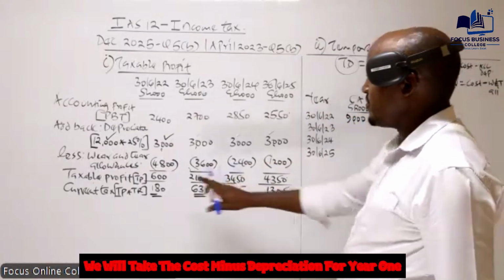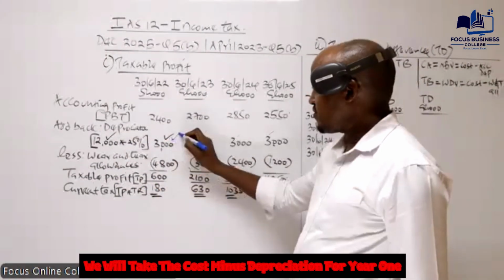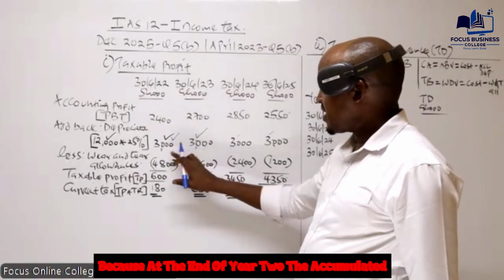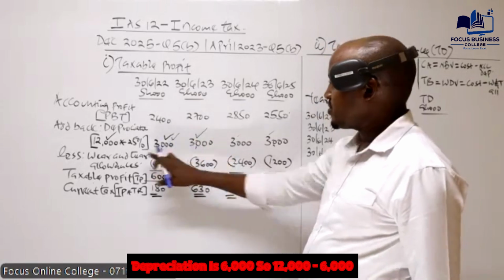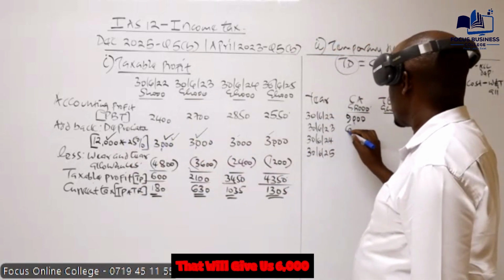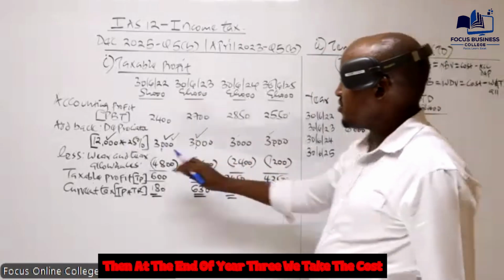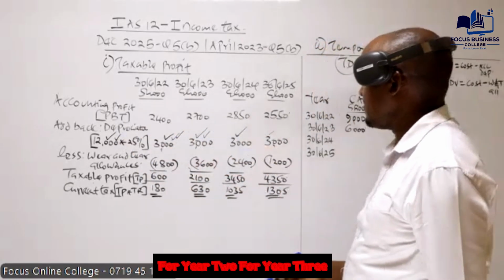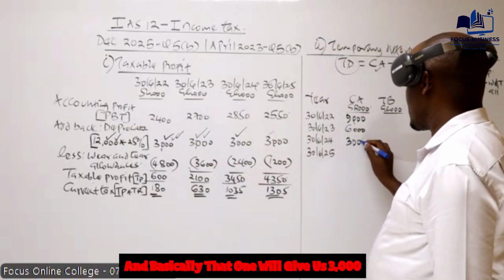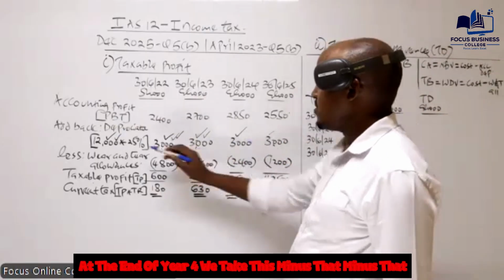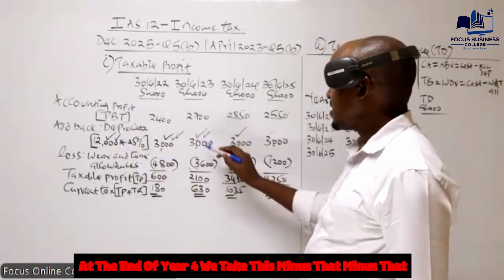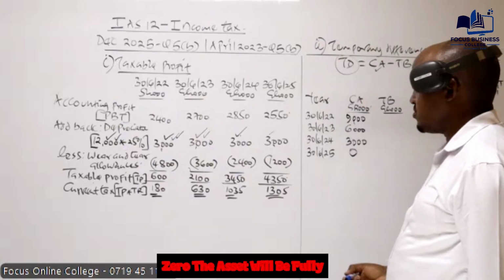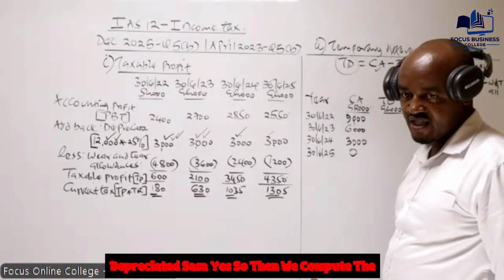In year two, we take the cost minus depreciation for year one and year two. Because at the end of year two, the accumulated depreciation is 6,000. So 12,000 minus 6,000 gives us 6,000. At the end of year three, we take the cost minus depreciation for year one, year two, and year three, and that will give us 3,000. At the end of year four, the net book value will be 0. The asset will be fully depreciated.